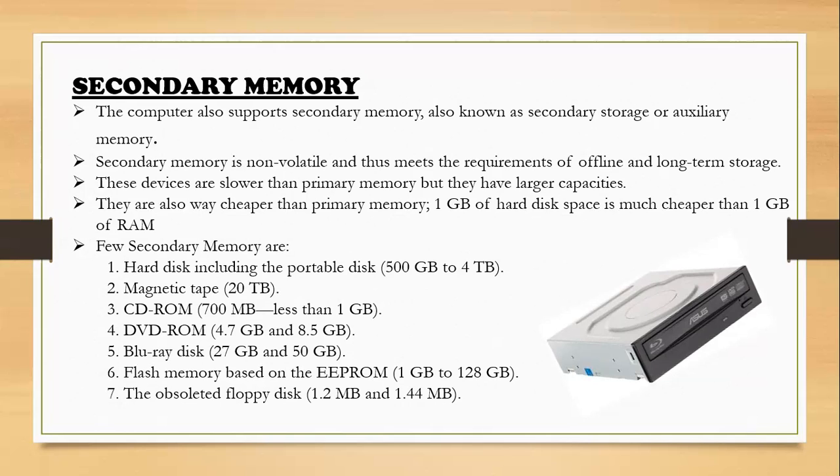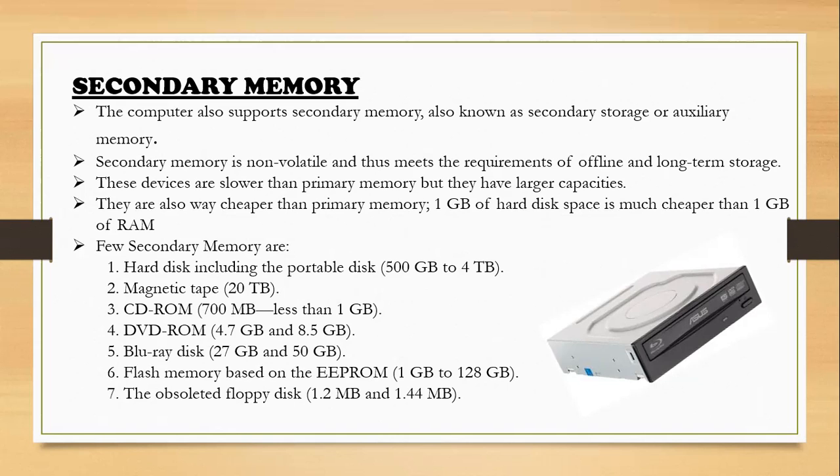Look at the comparisons. 1 GB space of hard disk is cheaper than 1 GB space of RAM because of the implementation technology of hard disk and primary memory. The cost per bit, the cost of each cell, is different in case of RAM and in case of hard disk.